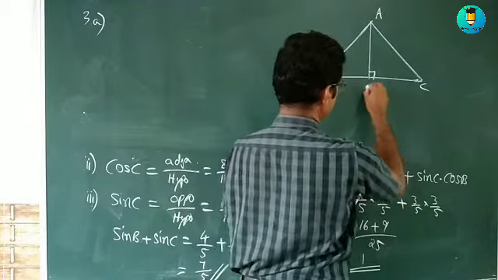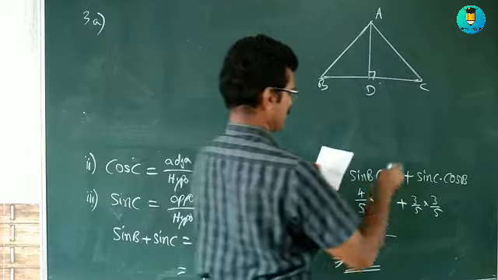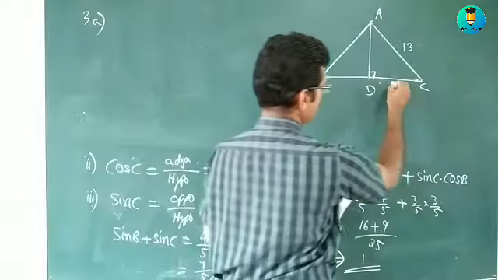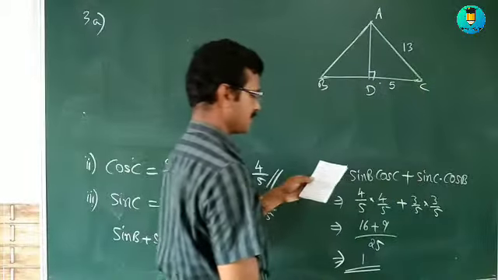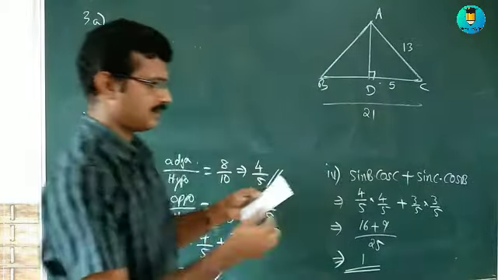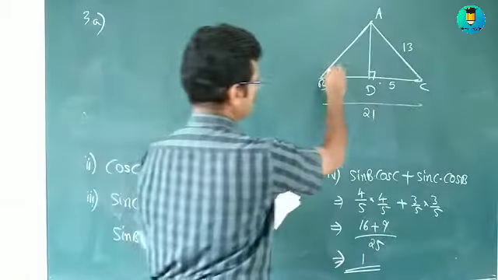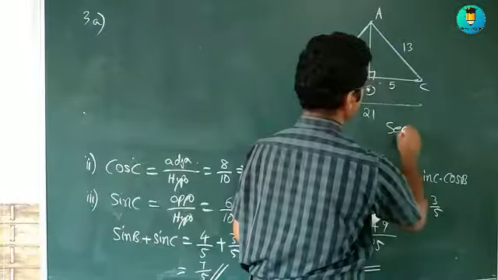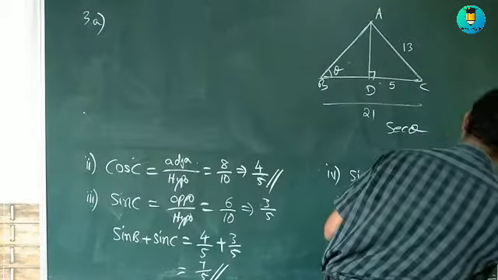A, B, C, D. This side is given 13 centimeter. BC is given 5 centimeter. And the whole length is given 21 centimeter. And here the angle is given, theta. We have to find out sec theta. That is the question.